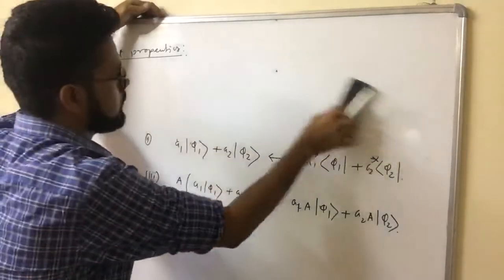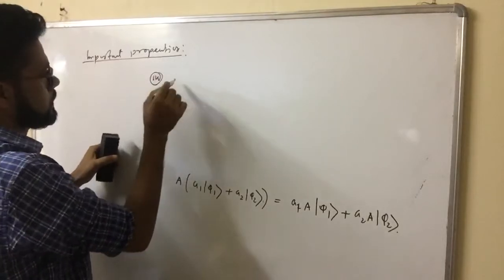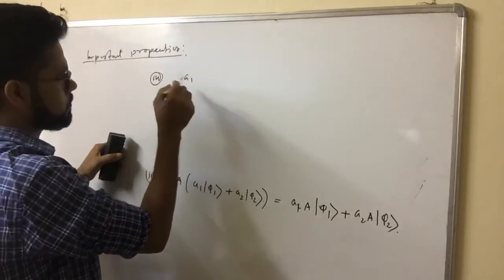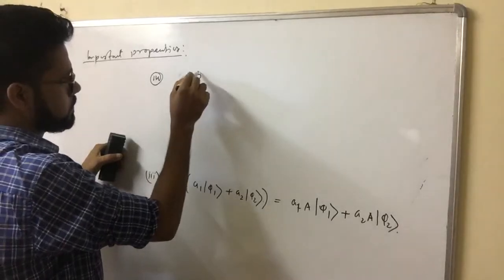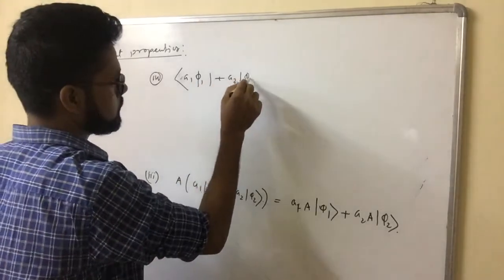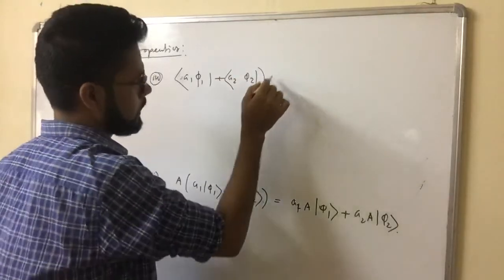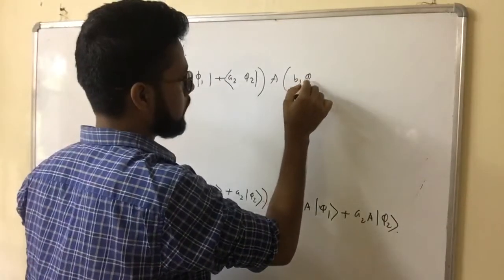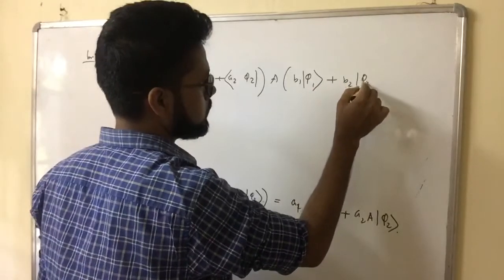This is the basic property. Number 4 property, I am writing here. Suppose I operate on a1 phi 1 plus a2 phi 2, with bracket A as the operator, and b1 phi 1 plus b2 phi 2.